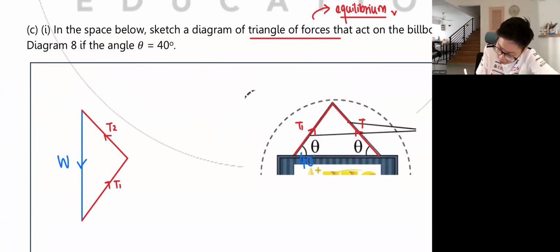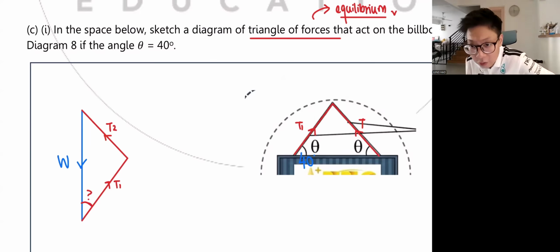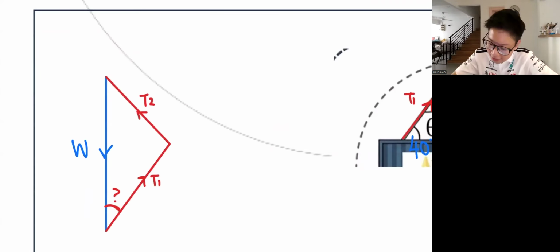Now who can tell me, what is the angle inside here? I think you guys are very bad with trigo. It's not only bad, it's depressing. So how much is that? That is 50 degrees.